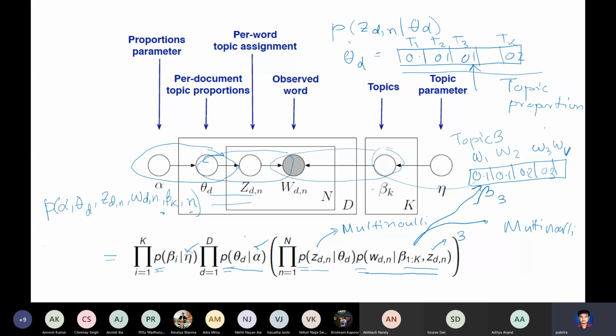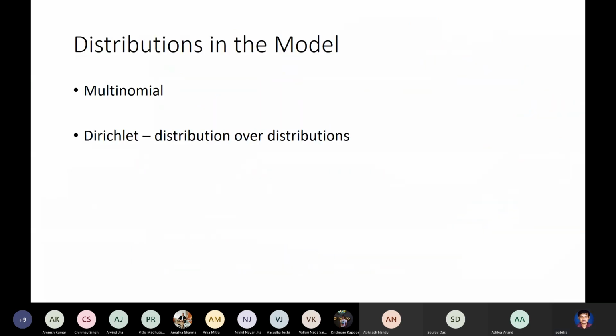So we assume these two distributions to be Dirichlet, with parameter eta, I'll explain what the parameters mean, and Dirichlet with parameter alpha. So now I have all four distributions: two multinomials and two Dirichlets for each part.